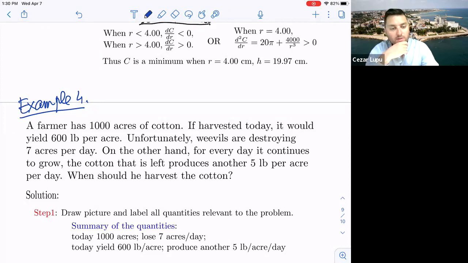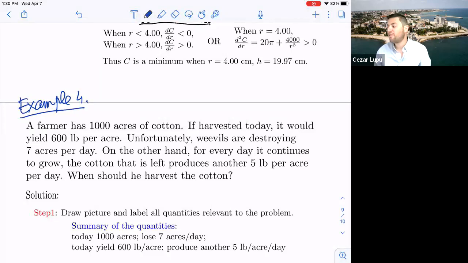So we need to summarize all quantities in the problem. Today we have 1,000 acres and we lose 7 acres a day. Today this will yield 600 per acre, and we'd like to produce another 5 per day.